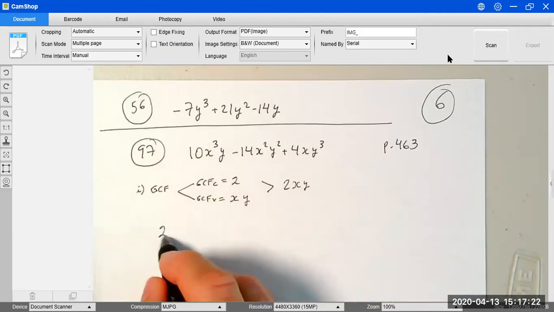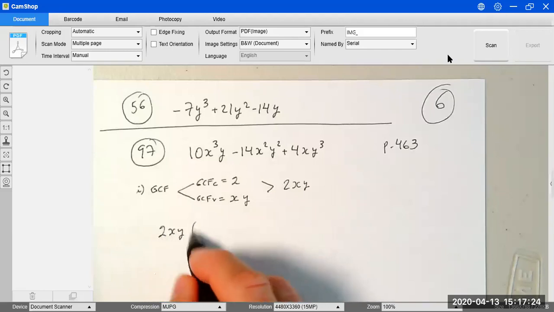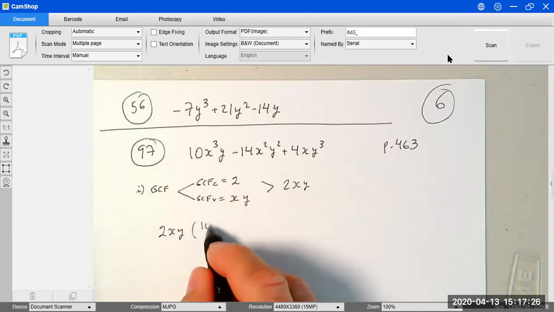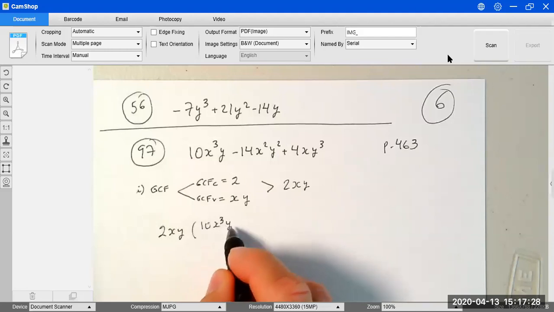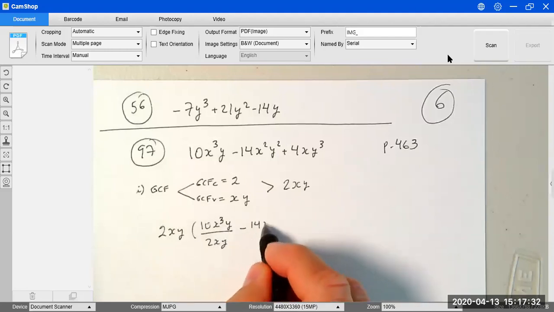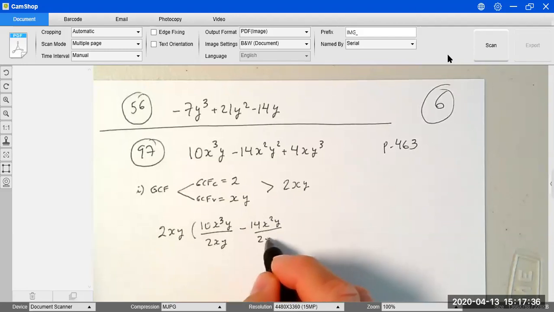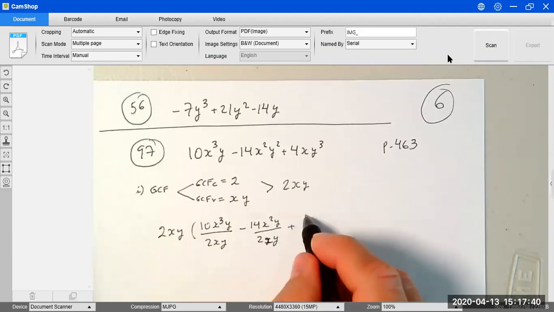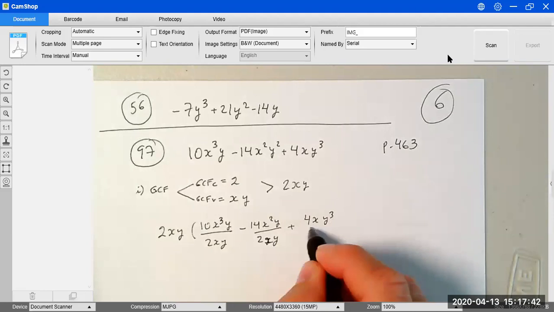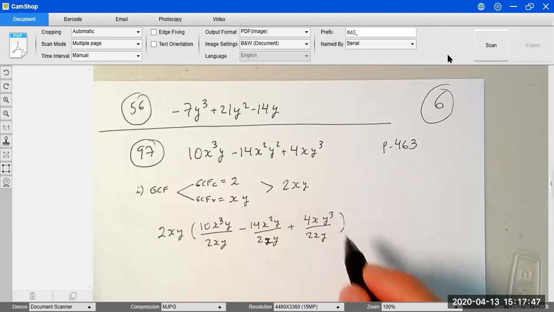So I'm going to write my greatest common factor, and then I'm going to divide every term of the original trinomial by the greatest common factor, and then I'm going to simplify every fraction that we are getting here inside of the parentheses. So everything is divided by 2xy.